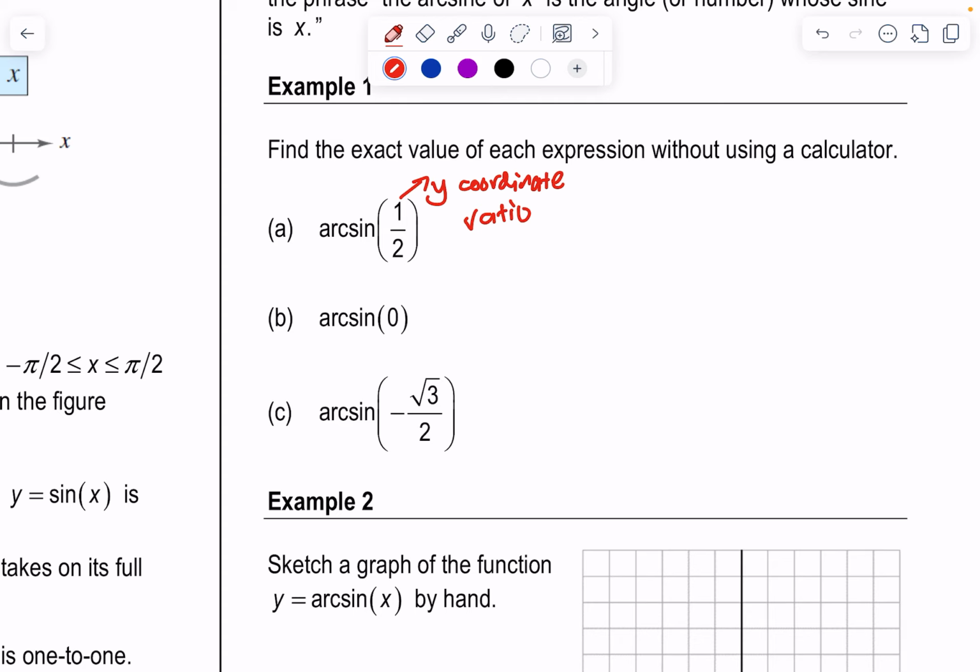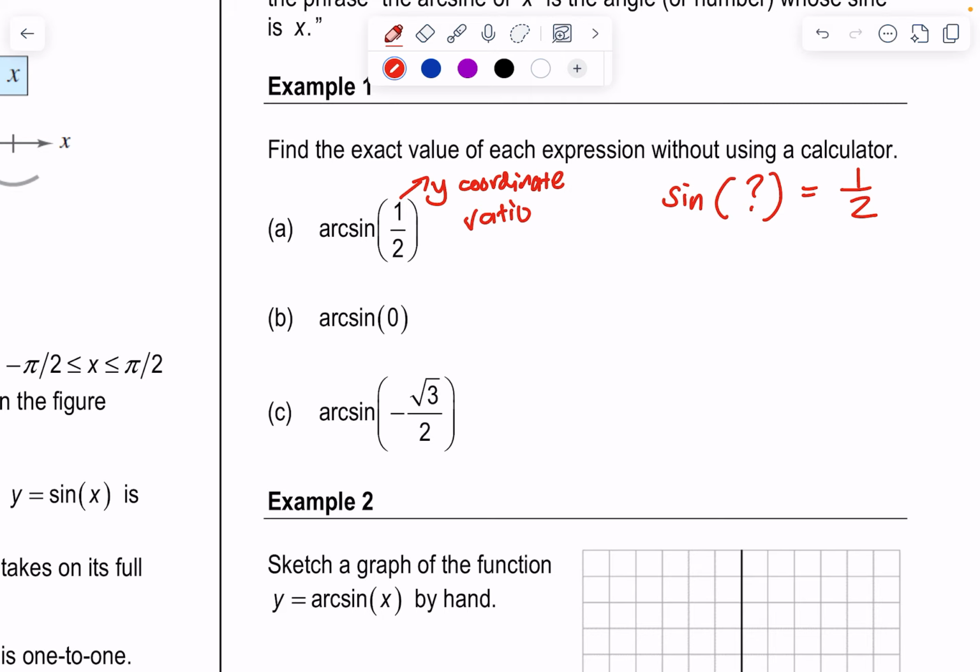What we're trying to find is the angle. What angle in the unit circle has a y value of 1/2? Because this is an inverse, sine of what angle equals 1/2? We're looking for the angle that has a y coordinate of 1/2.